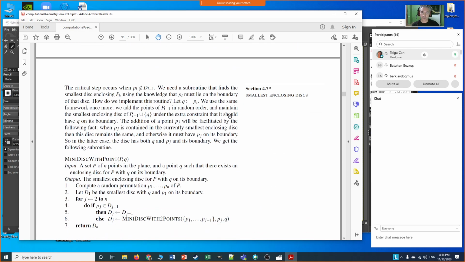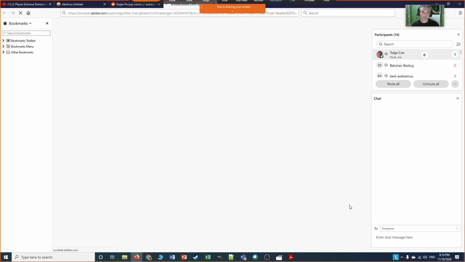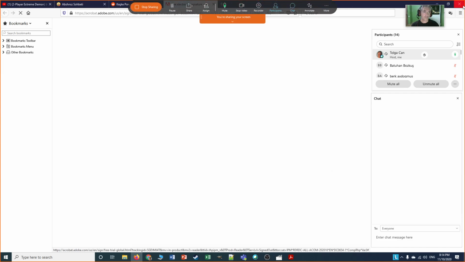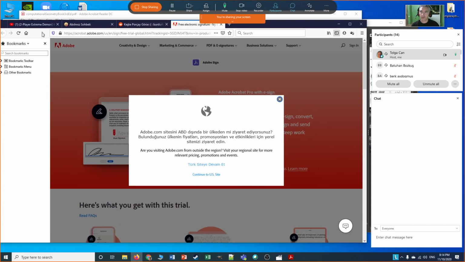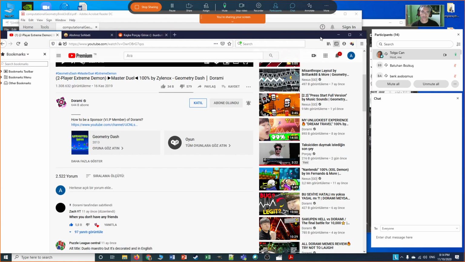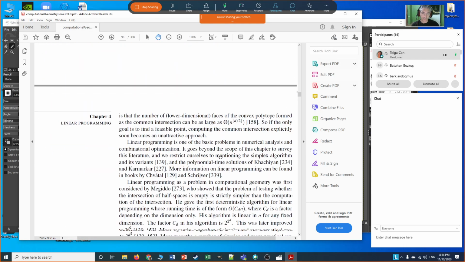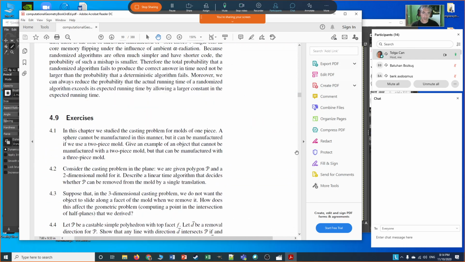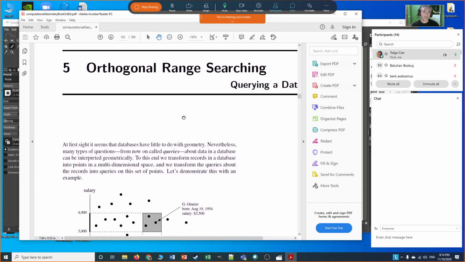All right, so this concludes this week. Next week we are going to talk about orthogonal range searching, in which we are going to see some index structures: KD trees and range trees.